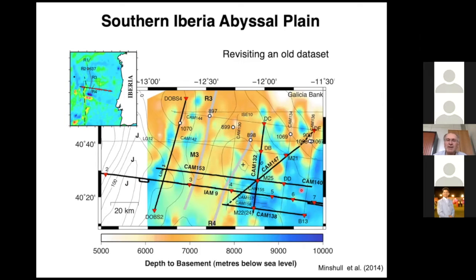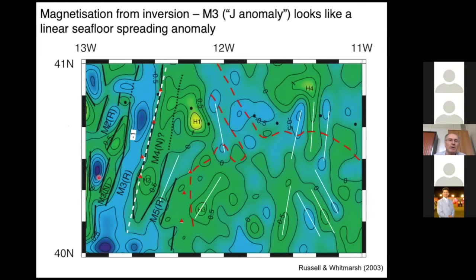To give you some context here, the continent's over here. This J anomaly is something that there's a bit of controversy about. It's a linear magnetic anomaly, unclear exactly what it is. And then there was quite a bit of drilling on this margin to support what we can do with the geophysics.